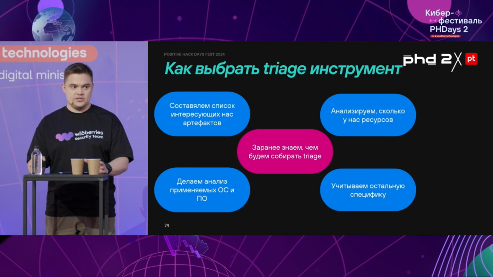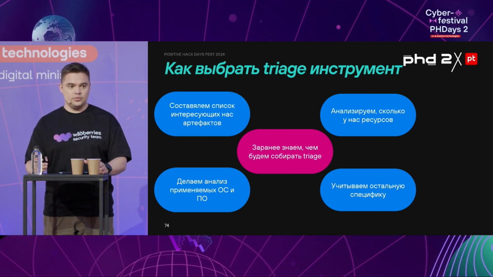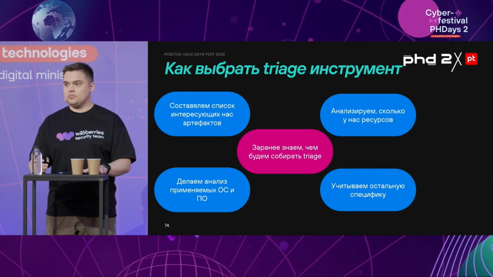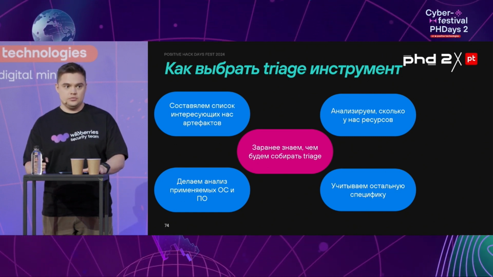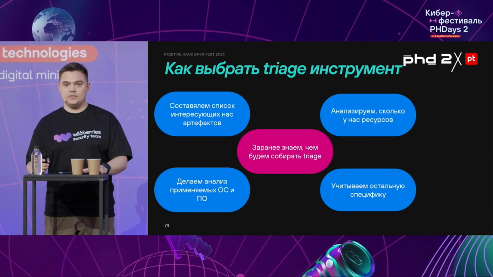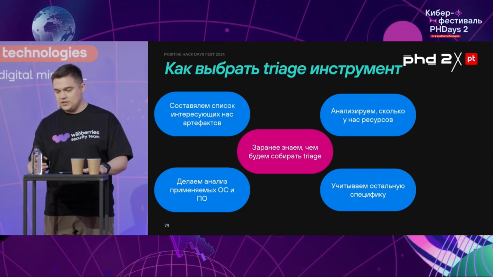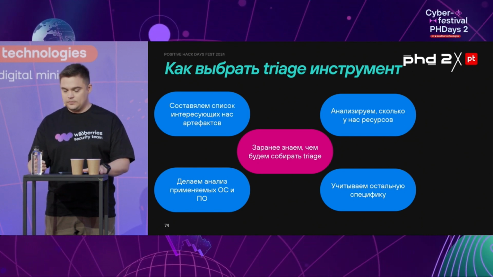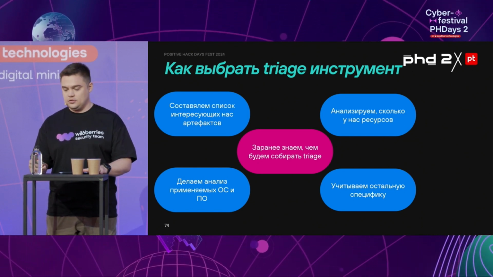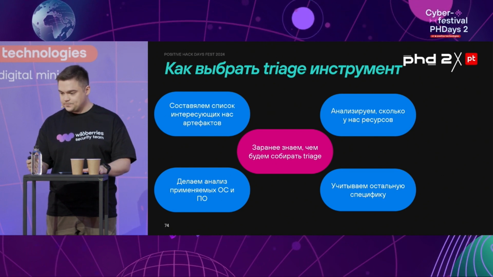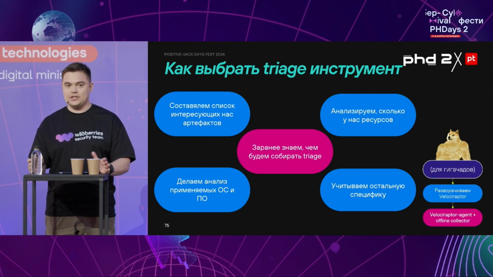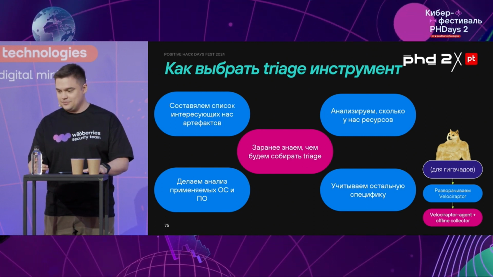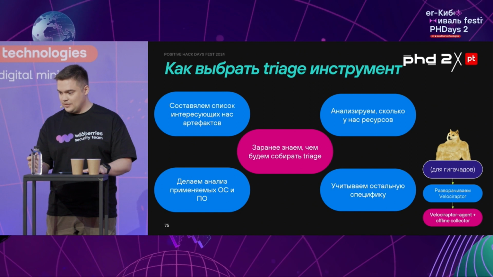And we can also consider all the specifics our business and our organization has, and we can also understand how many resources we have, so how many human hours, how many experts we can invest into this process. This way, we will understand which triage tool should be used in a given situation. For GigaChats, we have the Velociraptor server, we deploy it, we have Velociraptor agents, and we deal with them.